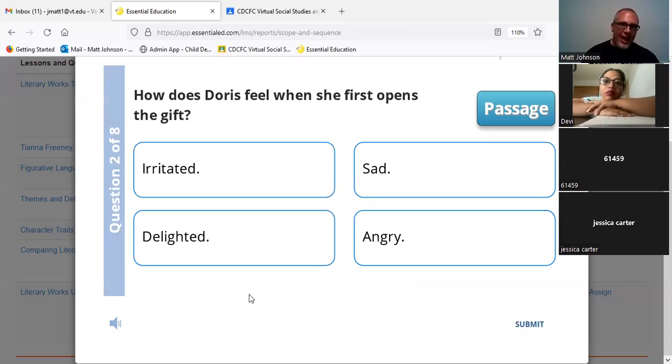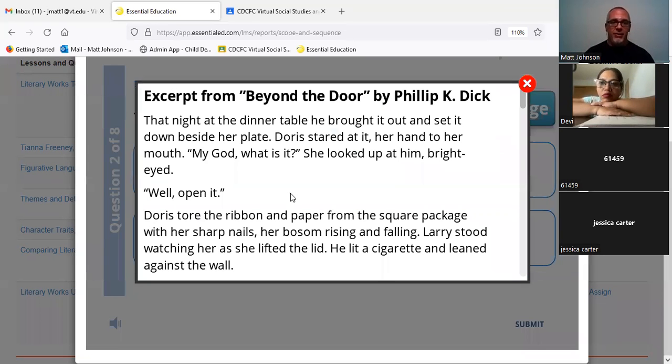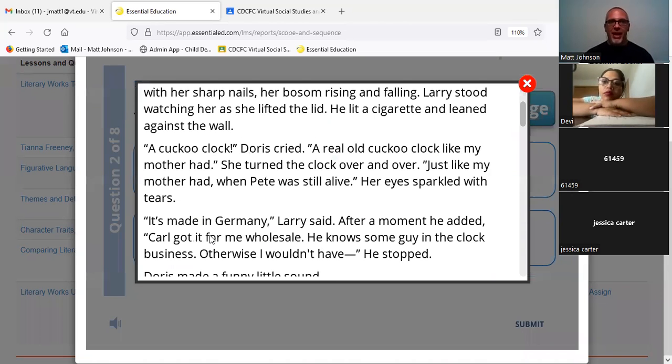So how does Doris feel when she first opens the gift? So yeah, she's delighted, right? And how do we tell that? She's already excited because she's getting a present, right? And we see the exclamation point, and we talk about punctuation, right? If you use the exclamation point, that means it's really emphasizing whatever's being said.